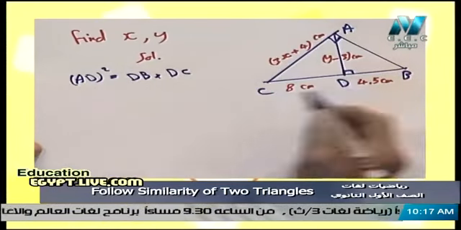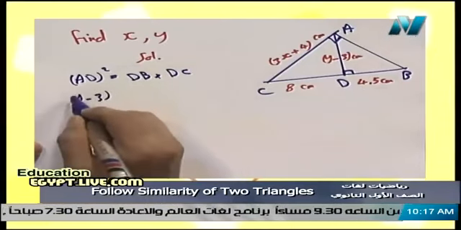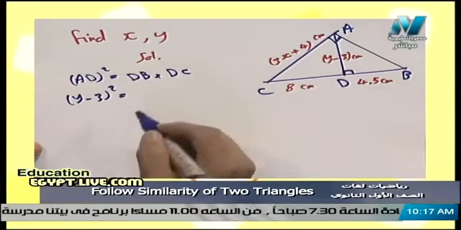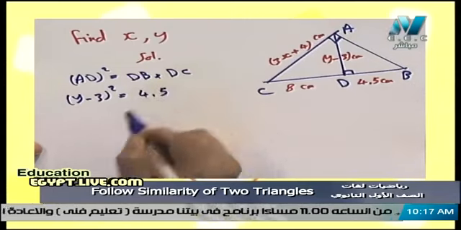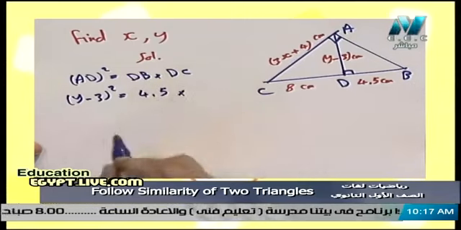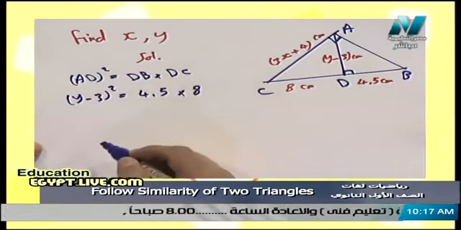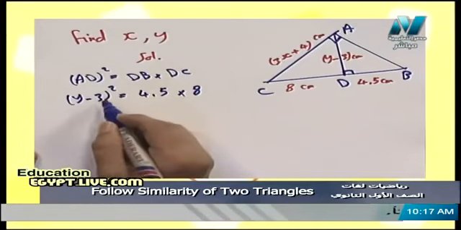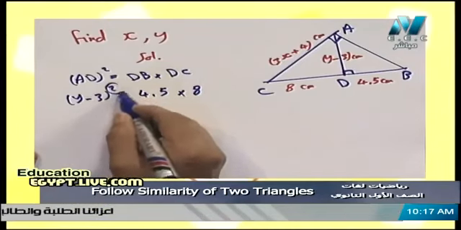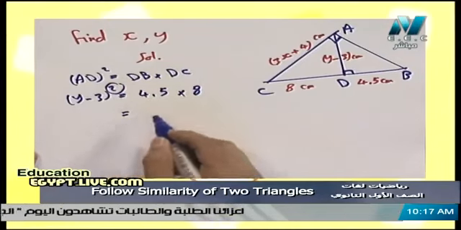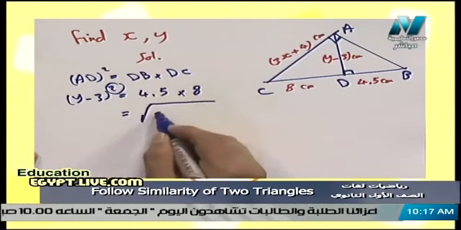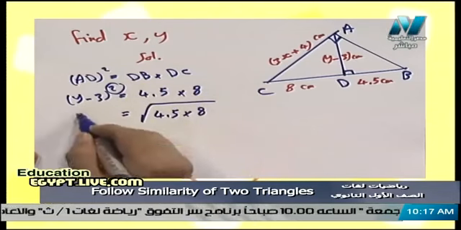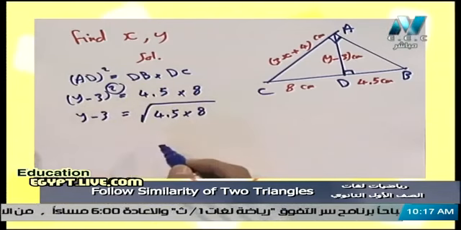AD power 2 here is y minus 3 power 2, and DB is 4.5, and DC will be 8. To find y minus 3 and cancel power 2, we will take the square root of 4.5 multiplied by 8.